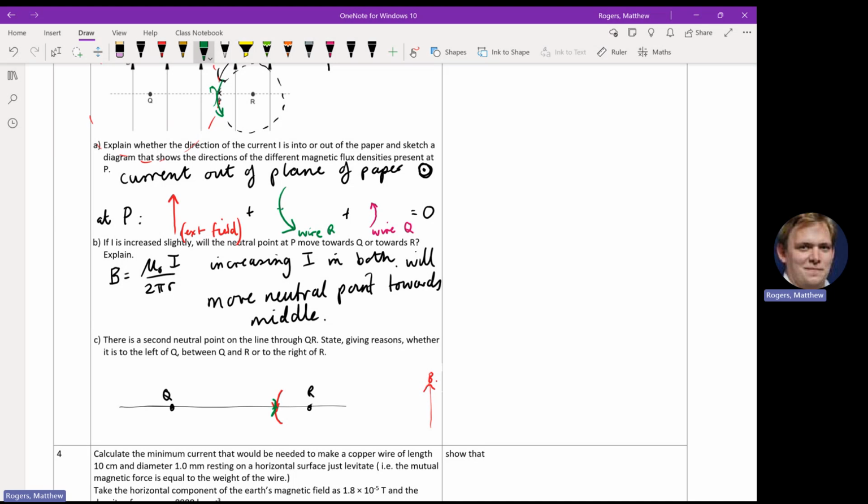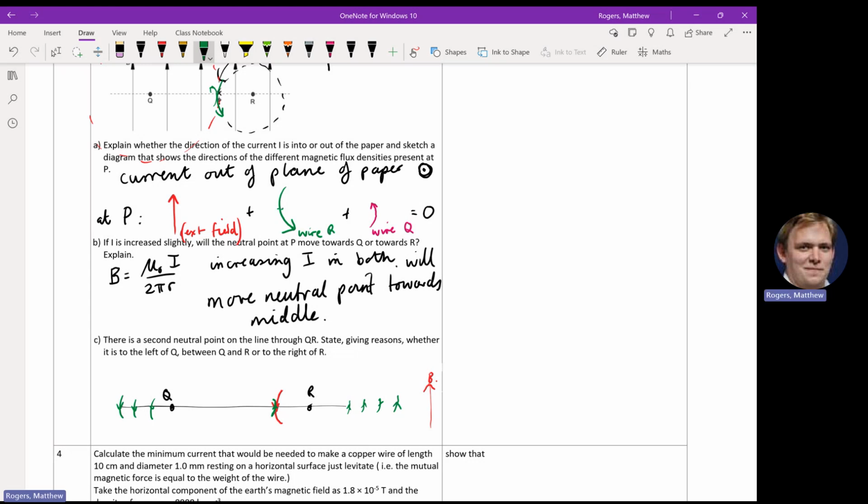If we come to the right of R, we're always going to be closer to R than we are to Q. And so the resultant on this side is always going to be upwards, however far we go. R's field is going to dominate out here. But if we come to the left of Q, we're going to be closer to wire Q, and therefore its downwards field is going to be stronger than the upwards field from R. R's downwards as well, isn't it?